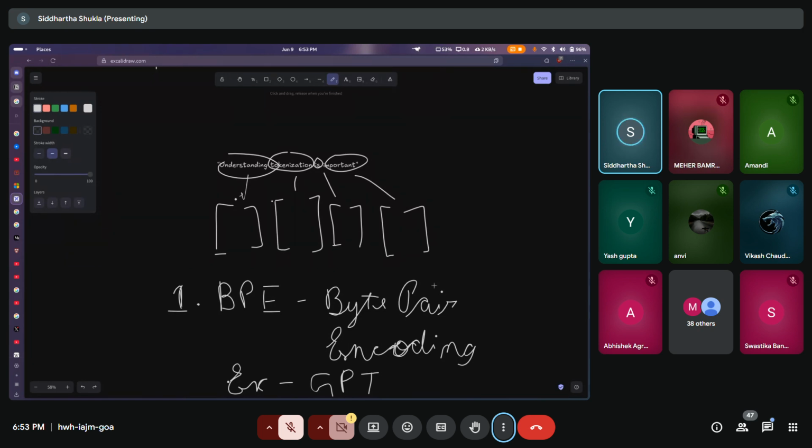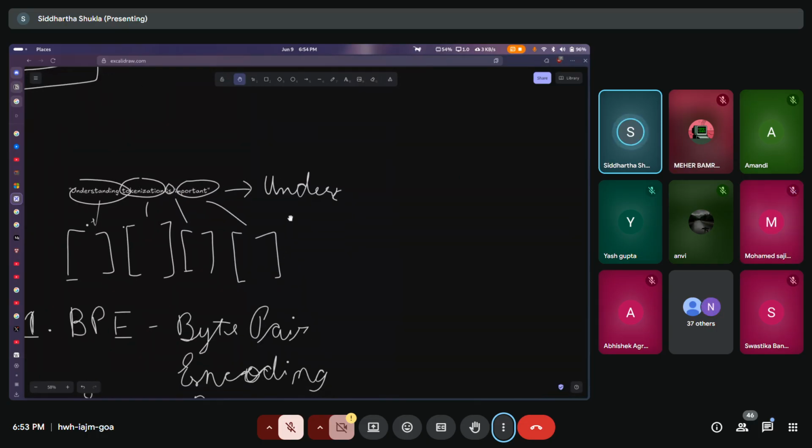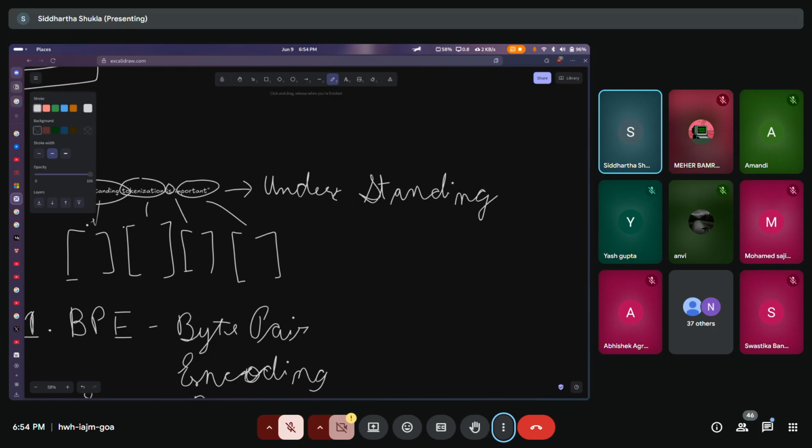So the first token will be under, then standing. These are individual tokens, by the way.